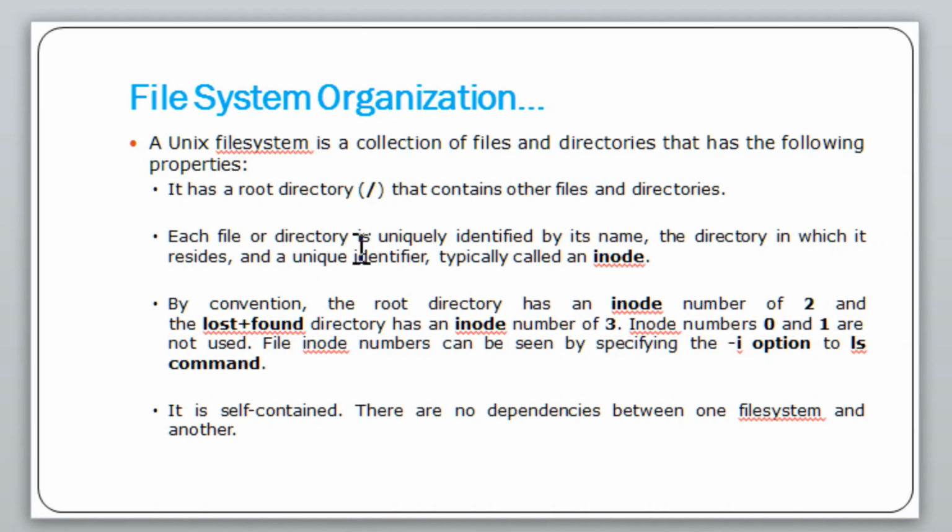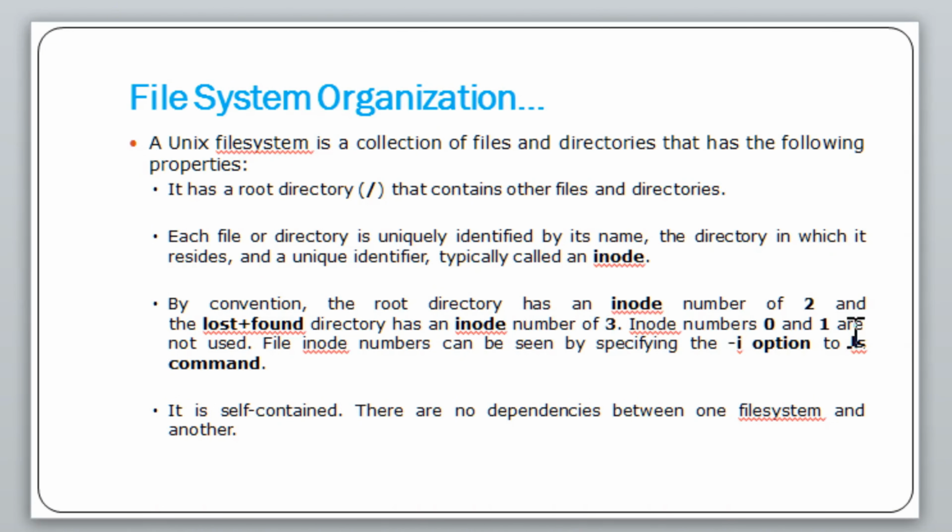A Unix file system is a collection of files and directories that has the following properties. First, it has a root directory, or /, that contains other files and directories, and each file or directory is uniquely identified by its name, the directory in which it resides, and a unique identifier typically called an inode. By convention, the root directory has an inode number of 2, and the lost+found directory has an inode number of 3.